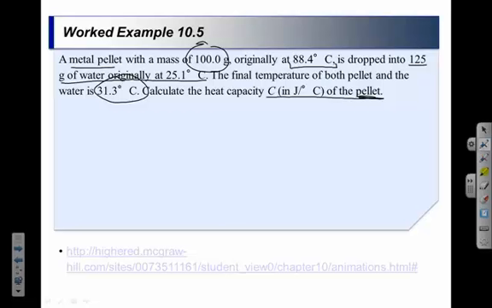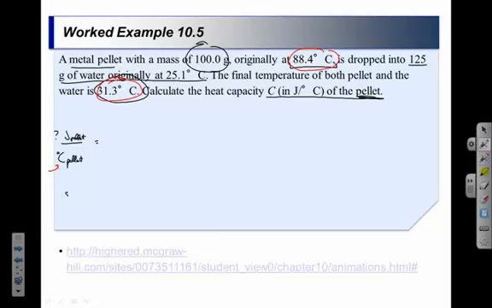So I need some relationships. What relationships do I have? What relationships do I need? I'm ultimately interested in how many joules per degree Celsius for the pellet. Well, I do have an initial temperature and a final temperature for the pellet, so I can get the temperature change for the pellet without really needing any relationships.